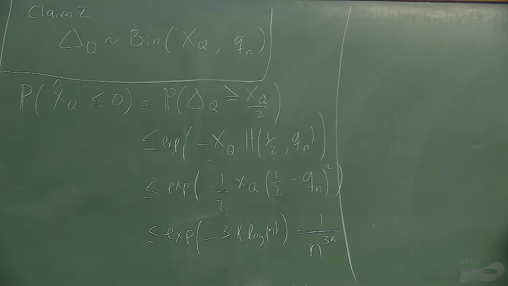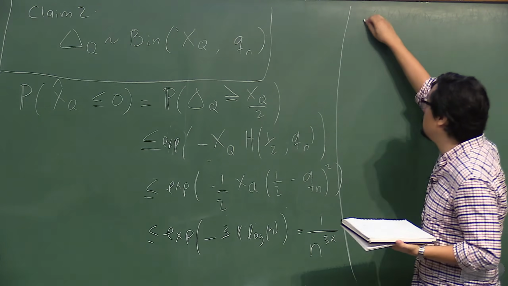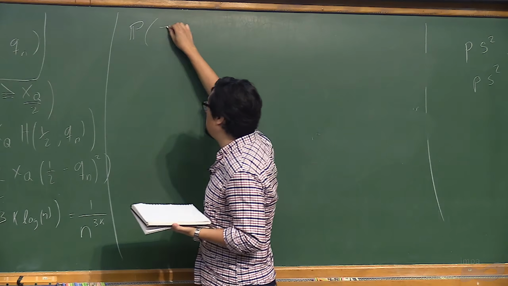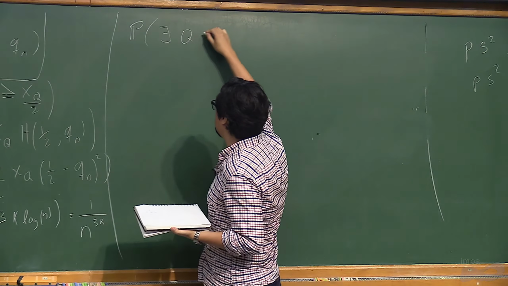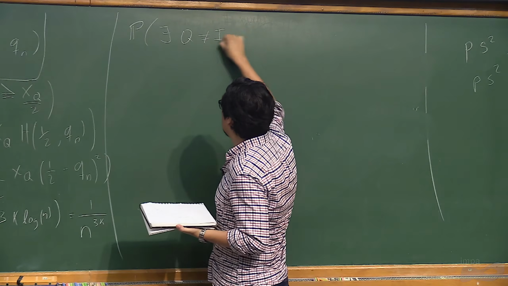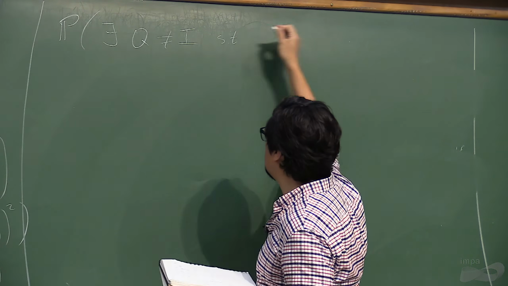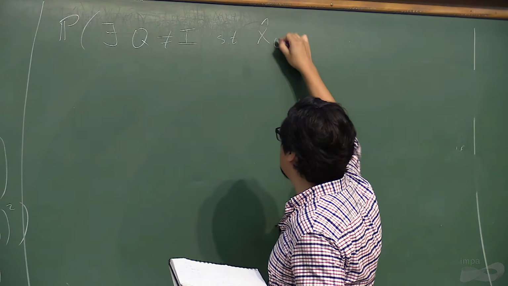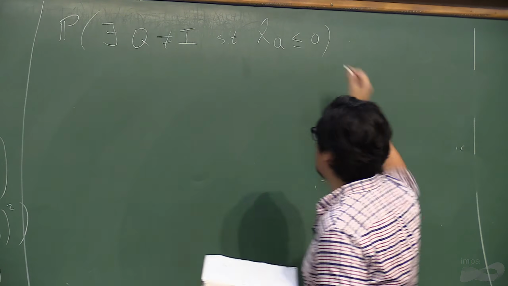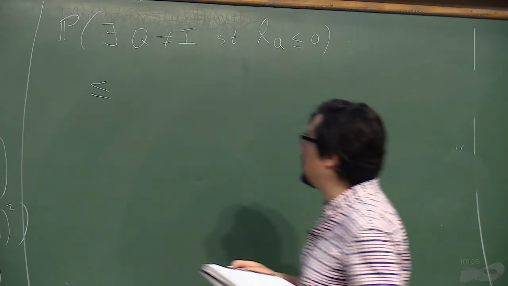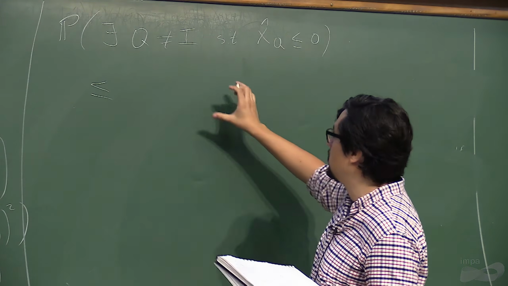Now, we need just to take a union bound over all possible permutations. So we want to bound the probability that there exists a permutation q different than the identity, such that x hat q is less or equal than 0. We can take a union bound over all possible permutations of size k.